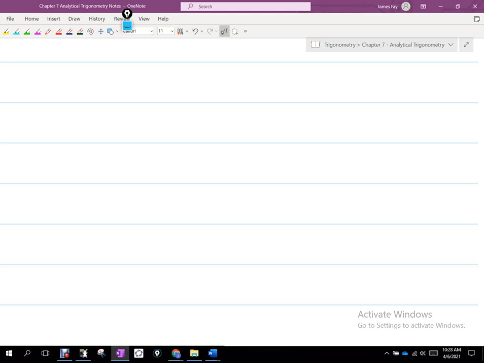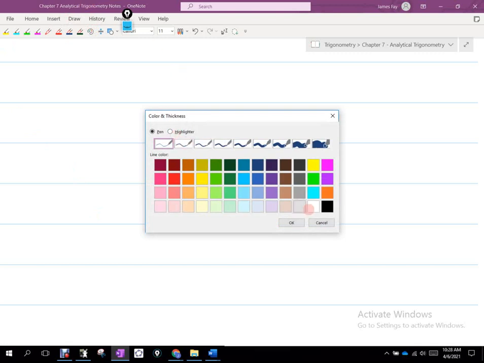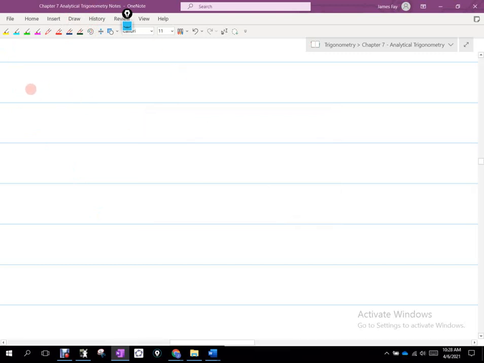Okay. So let's just start with this concept that we talked about in the last 2 days. We said that if we have, let's just start with the sine. If I had sine of alpha plus beta, that's a sum of two angles.